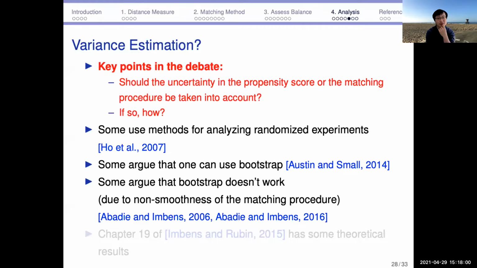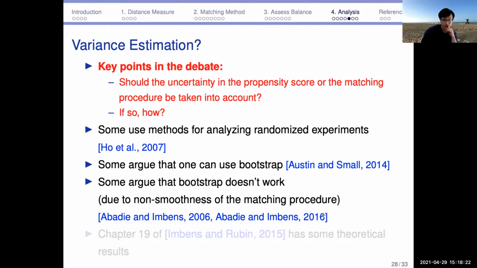But in this case, when you're doing subsampling, if you change one individual in the subsample, then maybe many of the matches will be changed. Right? It may have a very big influence. So this is the intuitive idea of why we have this non-smoothness phenomenon.